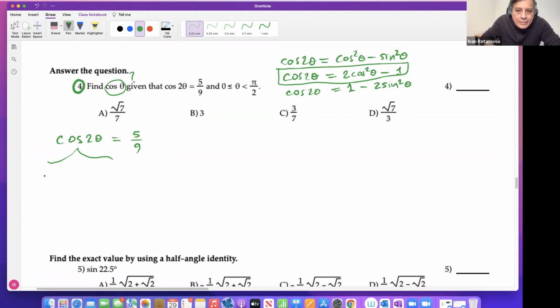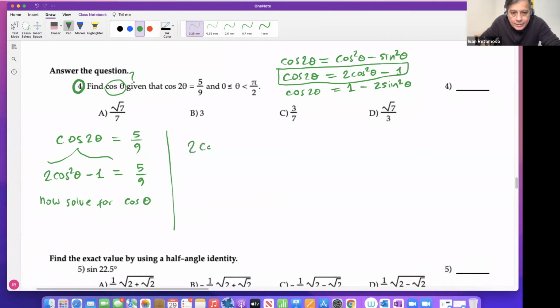So right here, 2 cosine square of theta minus 1 equal to this, right? All right, great. Now solve for cosine of theta in this equation.